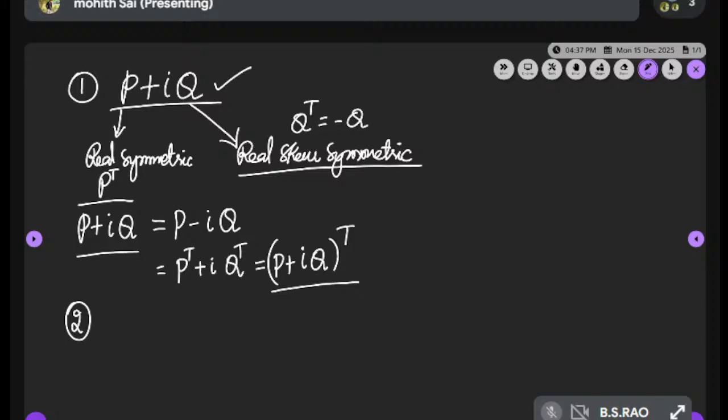Any square matrix can uniquely be expressed as A plus iB. What is A? What is B?